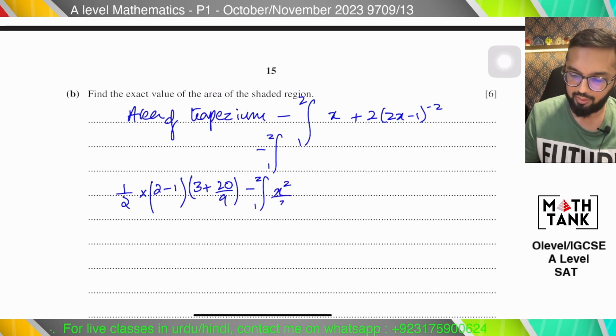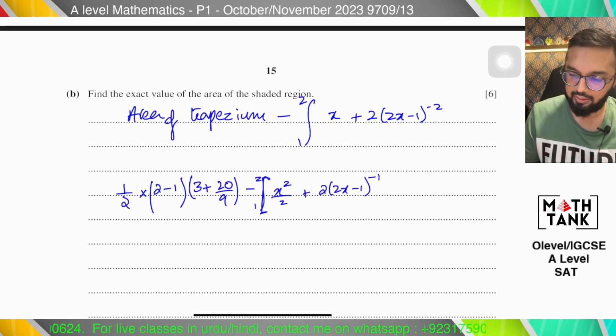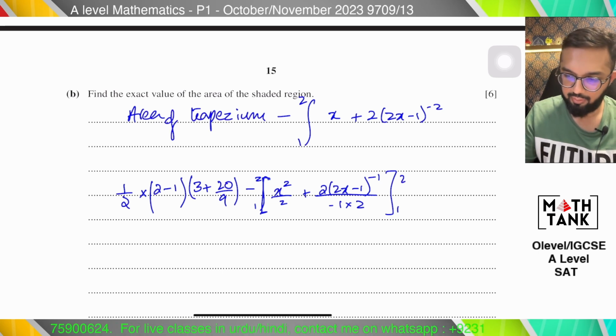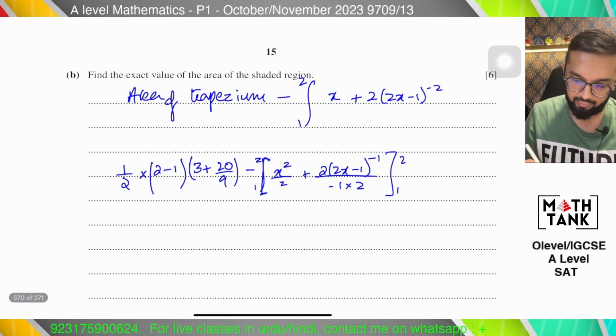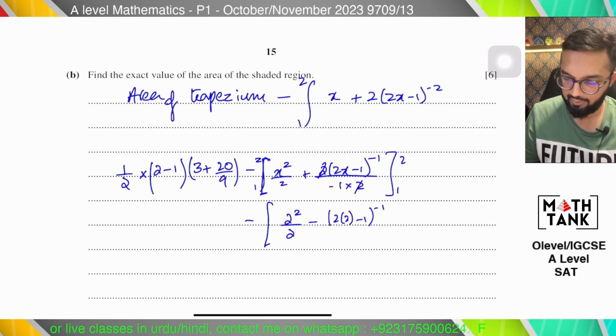So I'm going to integrate x squared over 2. Let's make that a square bracket. Plus 2 times (2x minus 1) power minus 1 divided by minus 1 into 2. Okay, first let me integrate this: 2 squared over 2 minus 2 times (2 minus 1) power minus 1, upper limit minus lower limit.